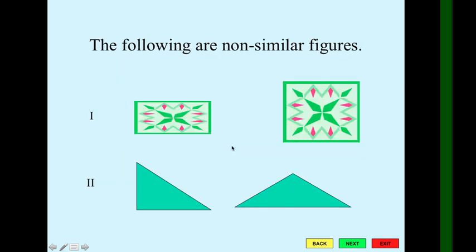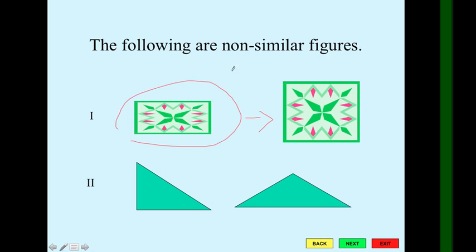Next, the following are non-similar figures. Although this one looks smaller compared to this one, its shape is different. This is somehow rectangular in shape, but this one looks like a square. Its sides are shorter than this one, which has two very long parallel sides.